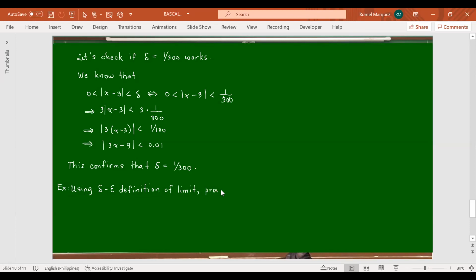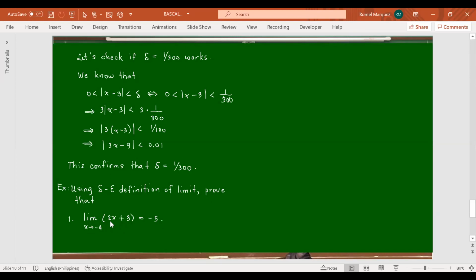Prove that number 1: the limit of 2x plus 3 as x approaches negative 4 is equal to negative 5.